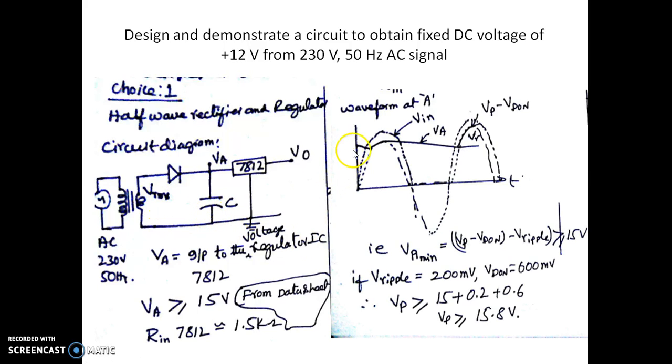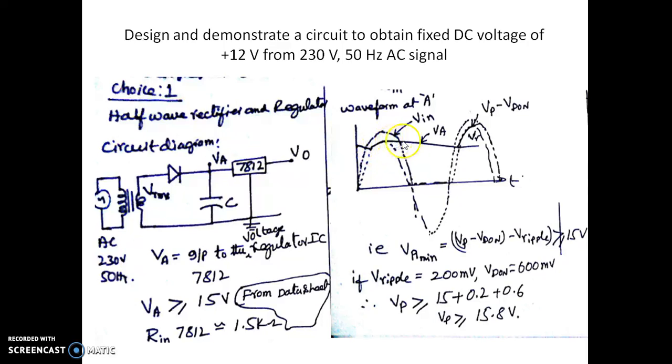We know that the waveform at this point A is given by this solid line. You can see this solid line is decreasing, then again increases and again decays here. This is the voltage at point A. There is an input voltage given by this dotted line, written as Vin, and one more dotted line which represents the possible output voltage in the absence of this capacitor C. Now you can see this solid line is over this second dotted line.